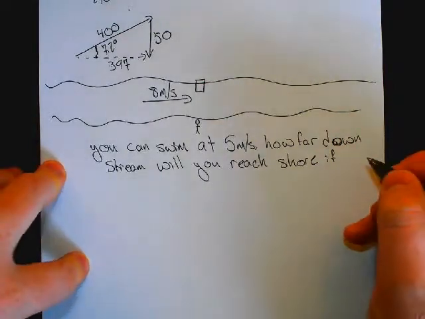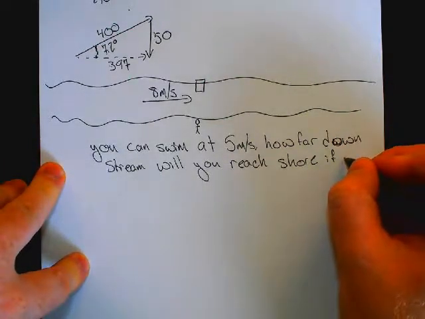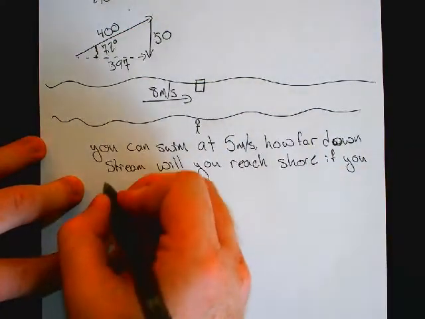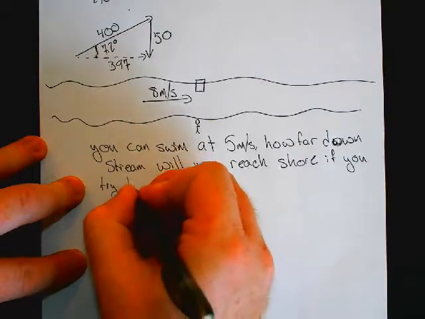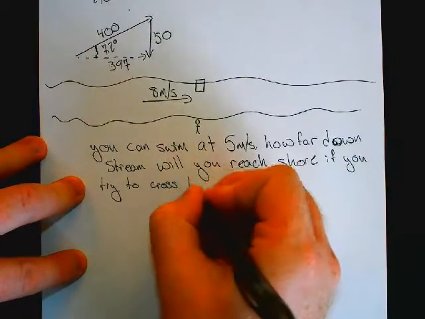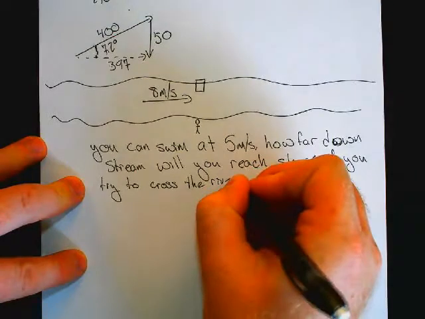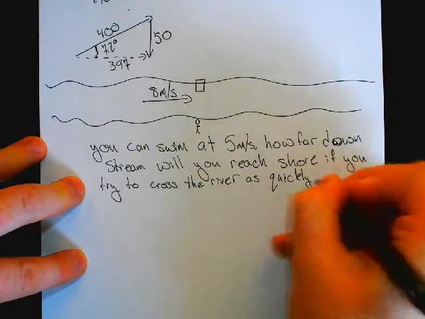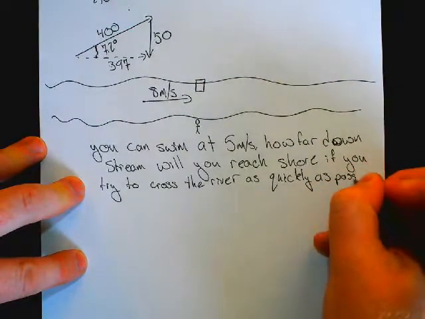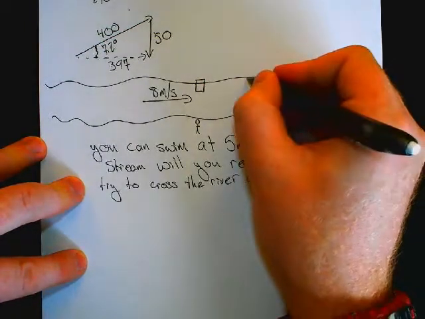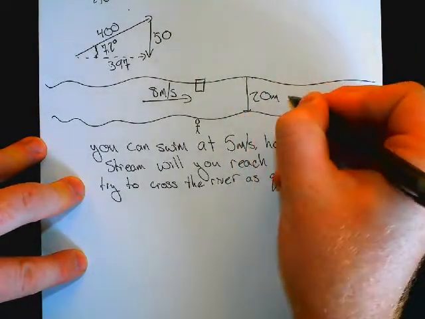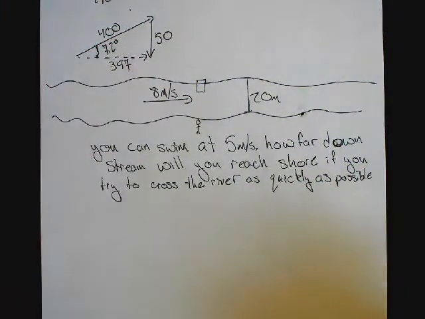If you try to cross the river as quickly as possible, and I'm going to go ahead and make our river here 20 meters wide. It's not that big. It's like double the width of this classroom.